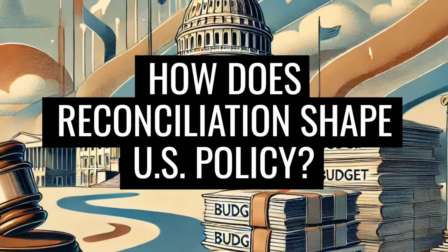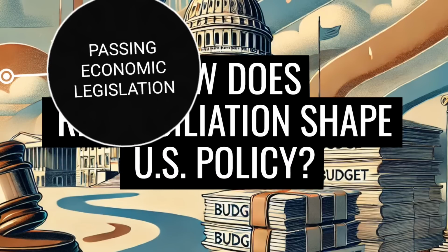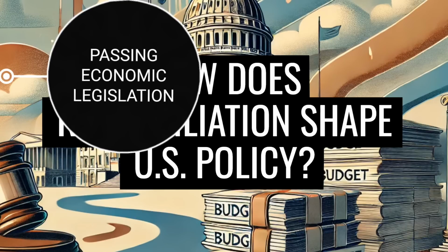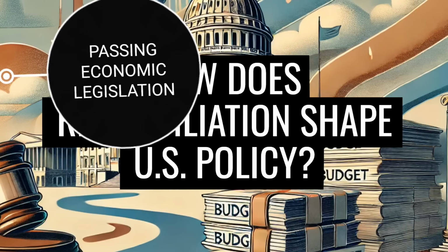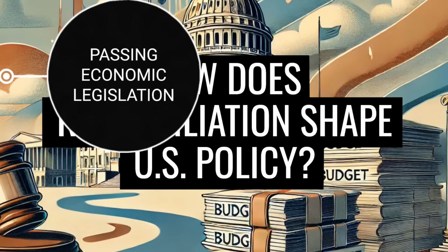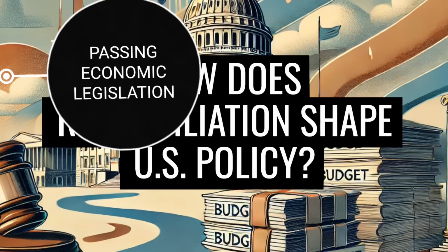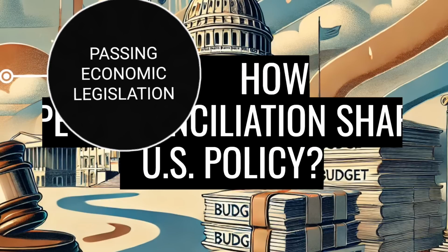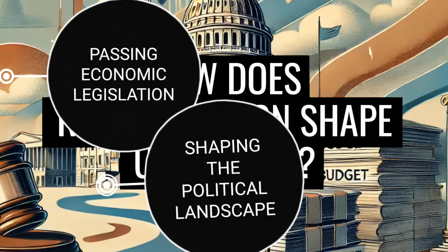How does budget reconciliation shape U.S. policy? Passing economic legislation. Some of the most impactful budget laws in recent history have been passed through reconciliation, including tax cuts, healthcare reforms, and economic stimulus packages. Shaping the political landscape.